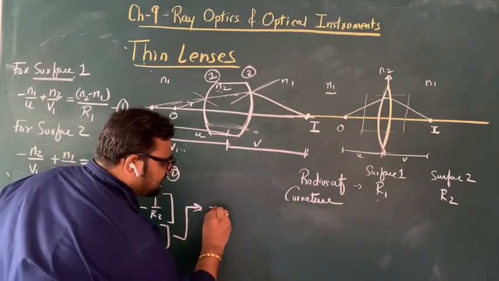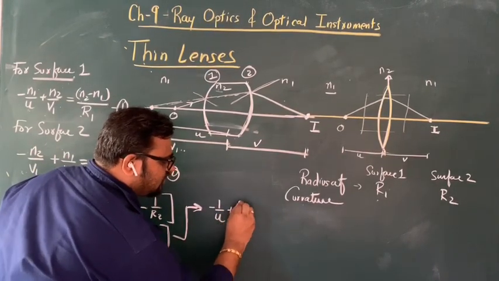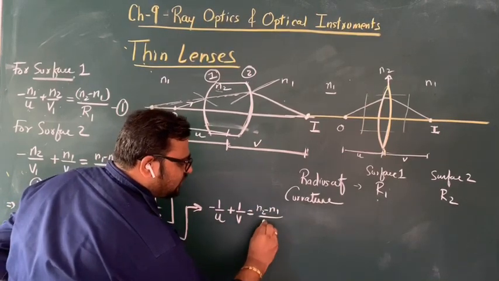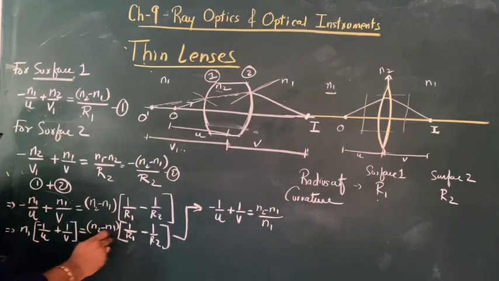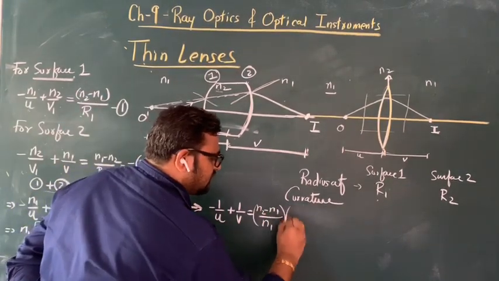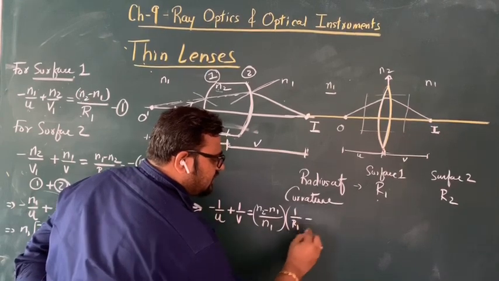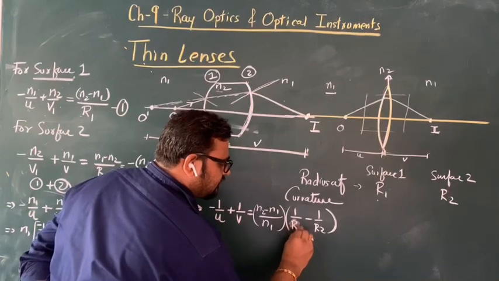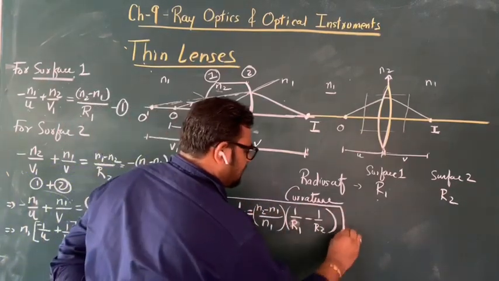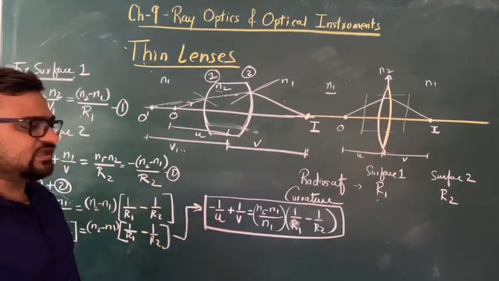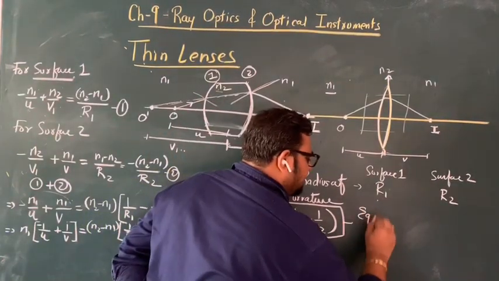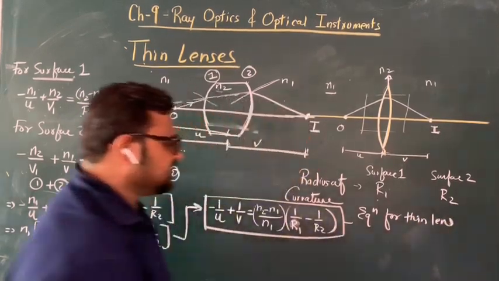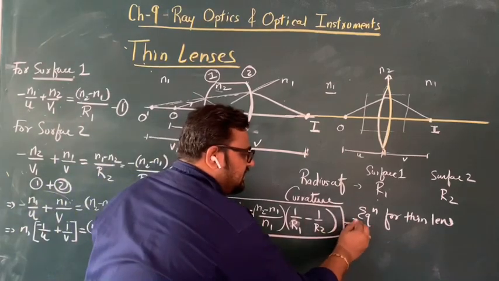So the final equation will be minus 1 by u plus 1 by v equals n2 minus n1 upon n1, into 1 by R1 minus 1 by R2. This is the equation for a thin lens.